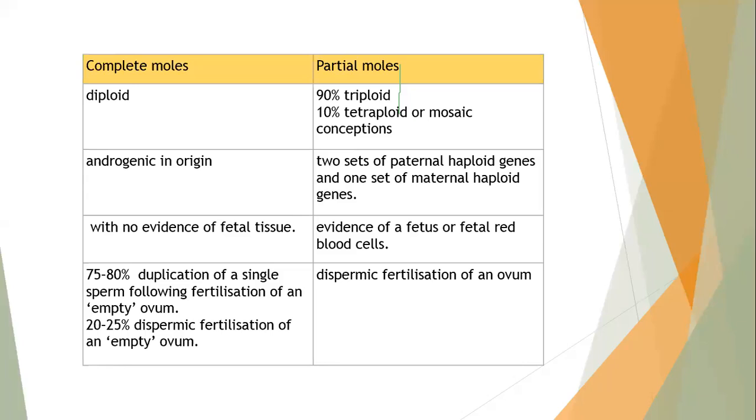Most commonly, this ovum will be penetrated by only one sperm, and this sperm will duplicate. This is the most common, while the other form is that instead of being fertilized by only one sperm, it is fertilized by two sperm. Partial mole, all cases are a dispermic fertilization of a normal ovum.